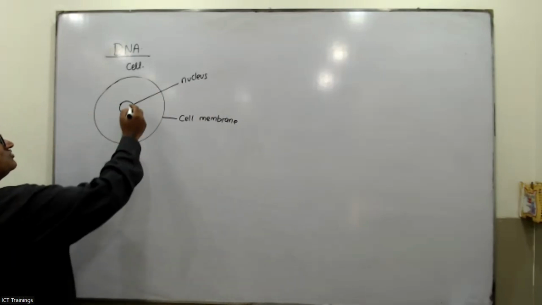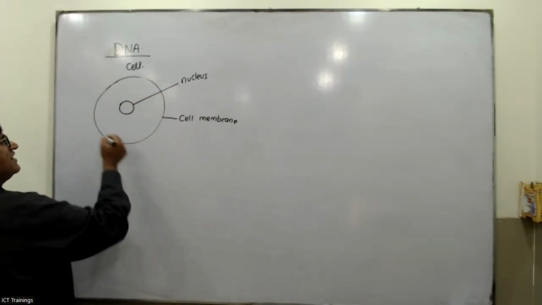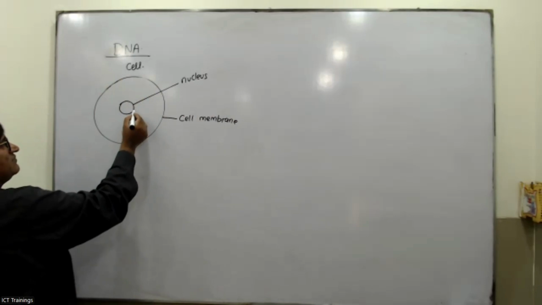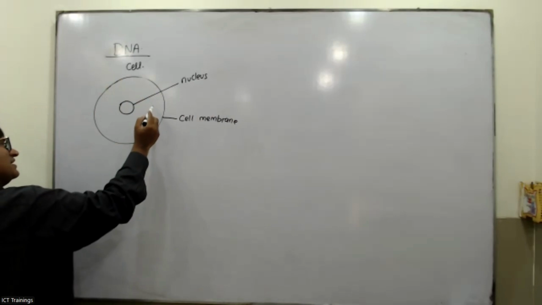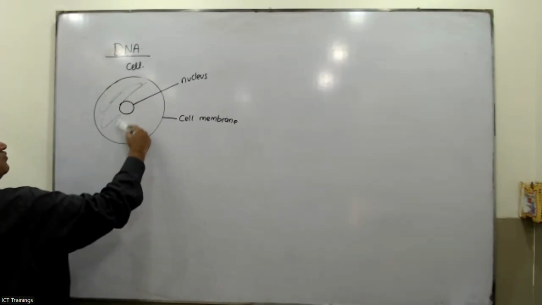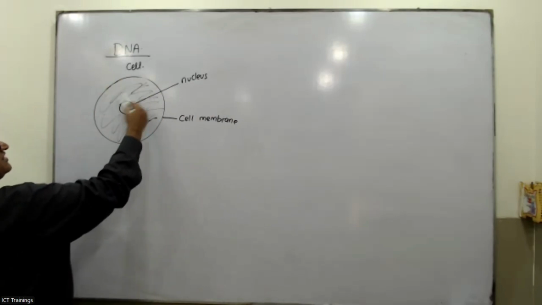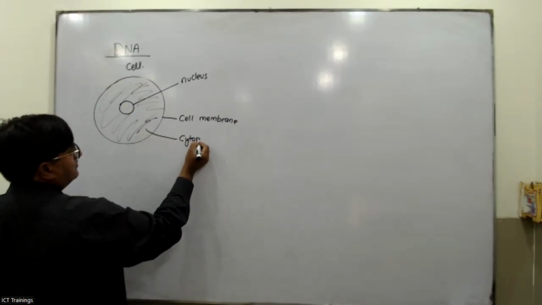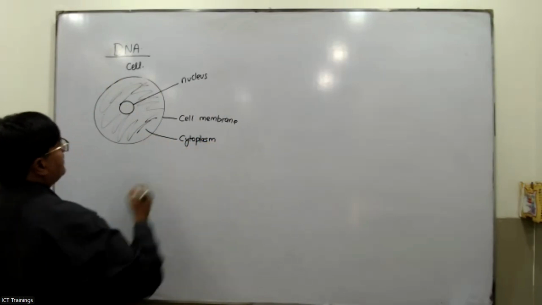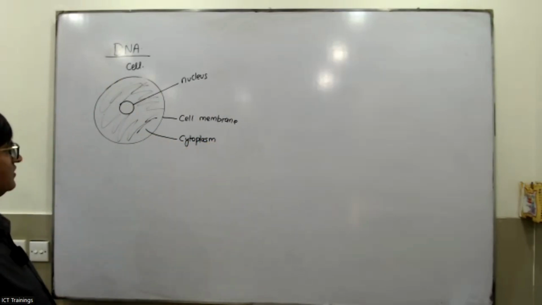This is the nucleus. This is the cell membrane. The empty space between the nucleus and cell membrane is filled with a liquid, jelly-type substance, which is called the cytoplasm. So this is the cytoplasm.